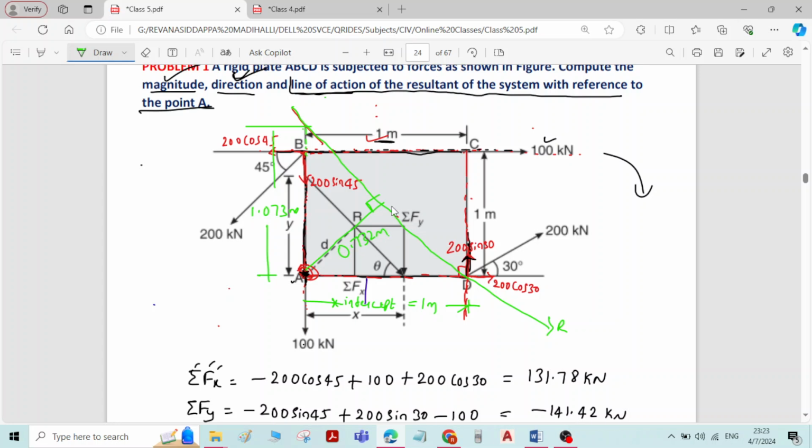Like this, if you know the x-intercept, y-intercept and D, you can predict the position of the resultant force.